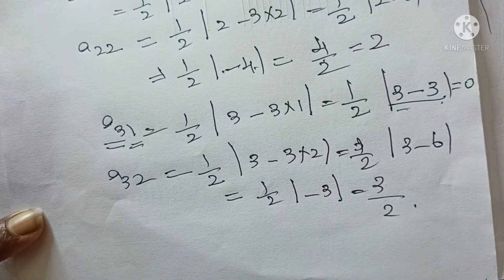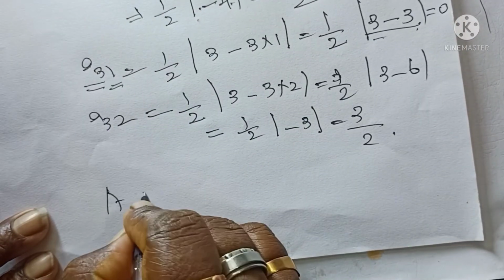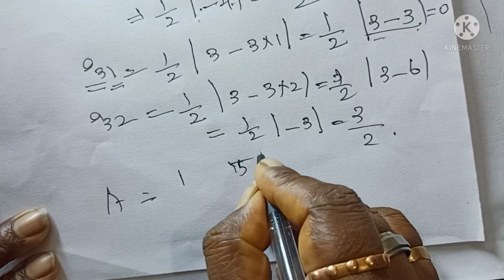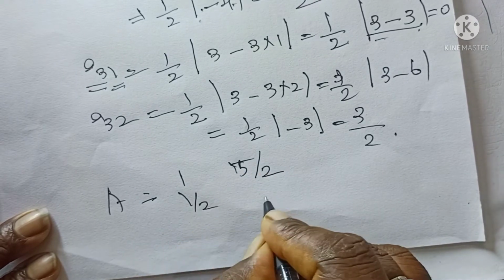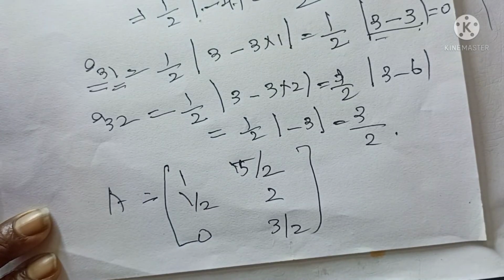So we got all the answers. Then we have to substitute all the values here. So A is equal to the matrix with rows 1, 5 by 2; 1 by 2, 2; 0, 3 by 2. So this is the answer.